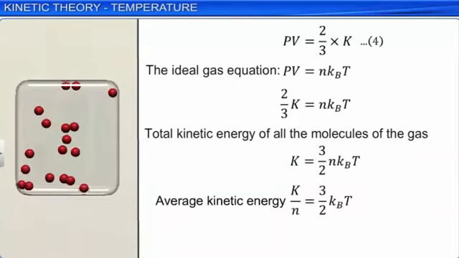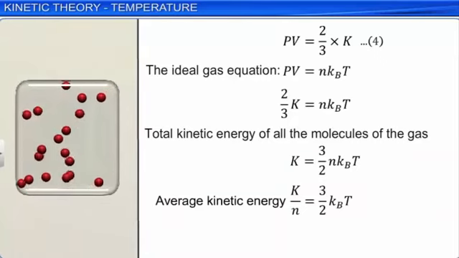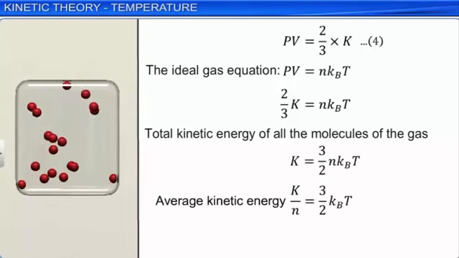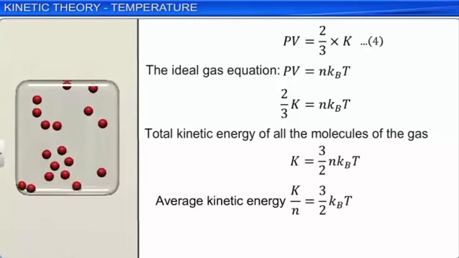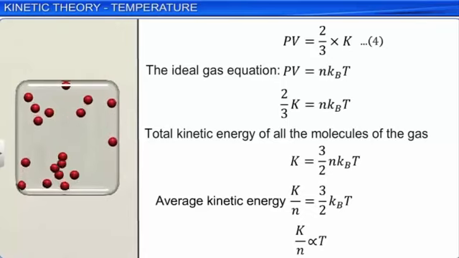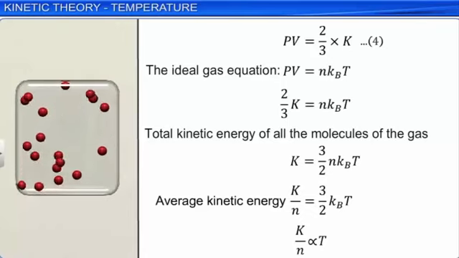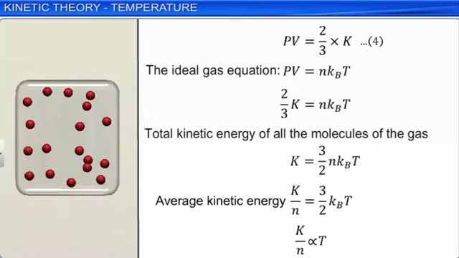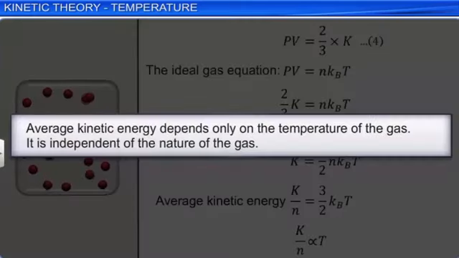That is, K divided by N is proportional to absolute temperature. From the above expression, we can say that the average kinetic energy depends only on the temperature of the gas and it is independent of the nature of the gas.